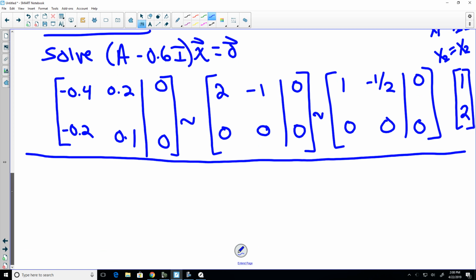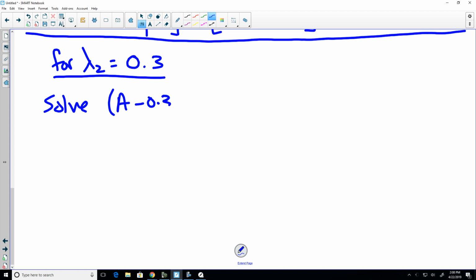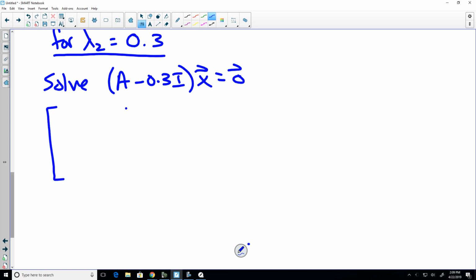Now we need to do this again for the second eigenvalue. What was the second one? 0.3? So I subtract 0.3 from the main diagonal.